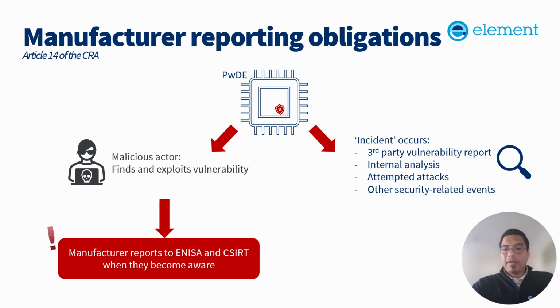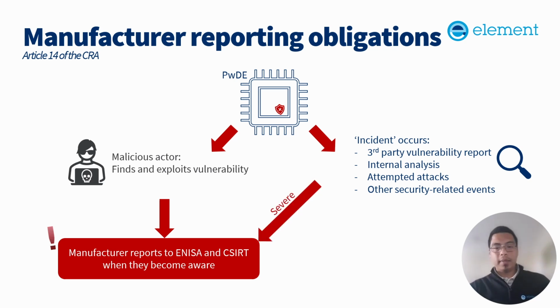At this point, the manufacturer has to make a decision. Is this severe or not? And again, I like to think that an easy test of severity is, is it exploitable? If it is exploitable in the particular context and the implementation in this product with digital elements, then it is severe.